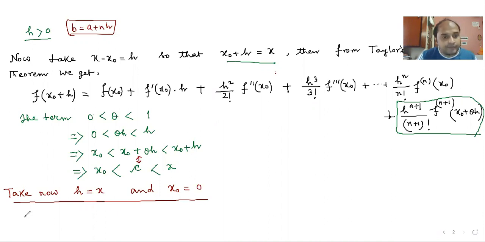We will get f(x). Here, in place of x naught you put 0, and in place of h you put x. So we get f(x). And then on the right hand side, we will get f(0) plus x into f dash 0.